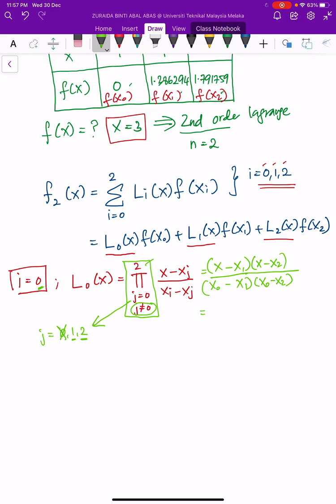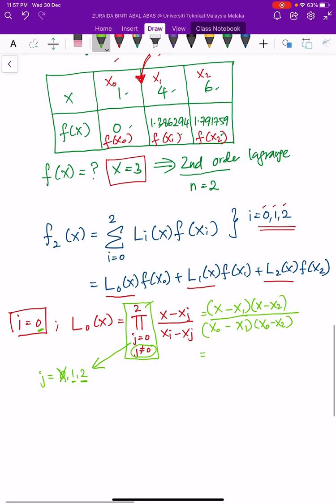We plug in the values of x1 and x2. We know that our x1 is 4, so that will give you x minus 4. Our x0 is 1, and this one is 4.